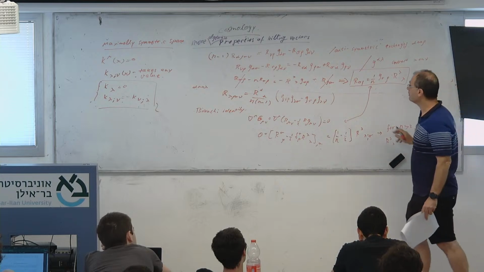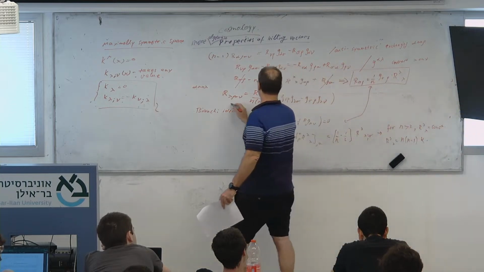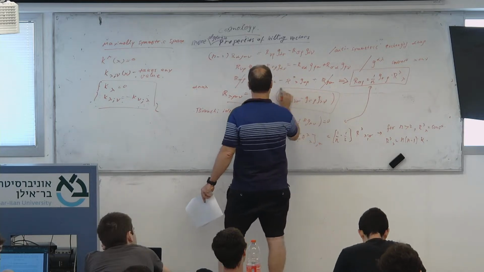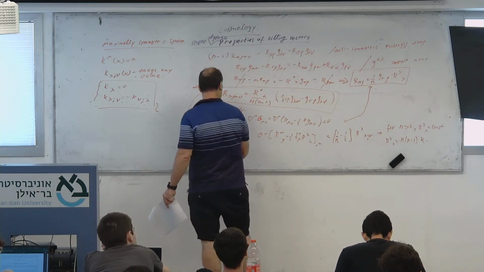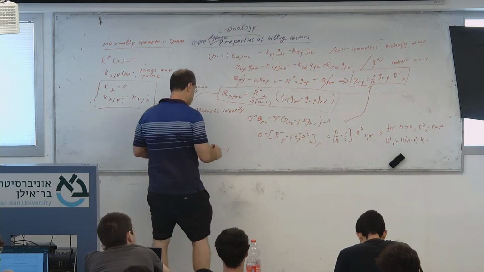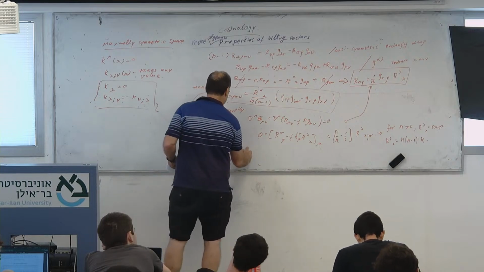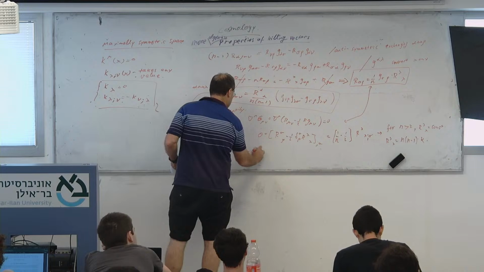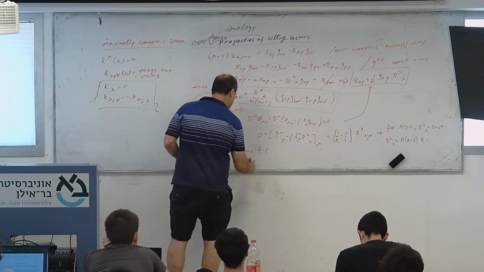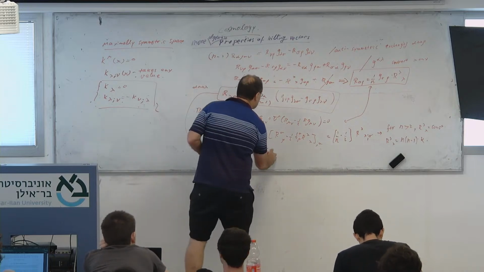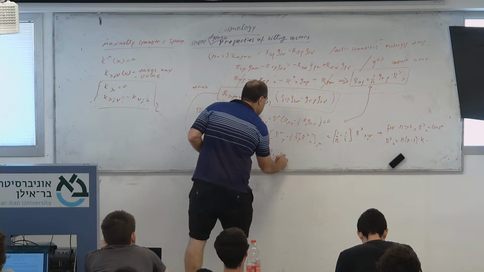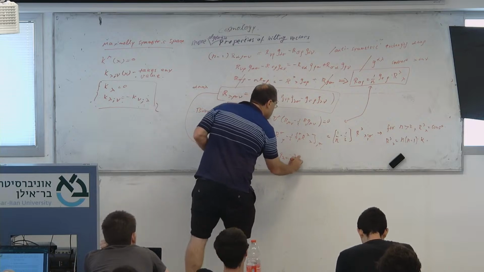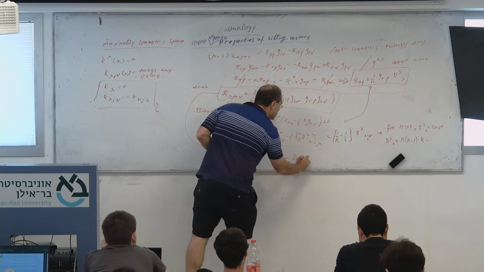And then I plug it in here to get that R lambda rho sigma nu is some constant k times G mu rho G lambda sigma minus G sigma rho G lambda nu.